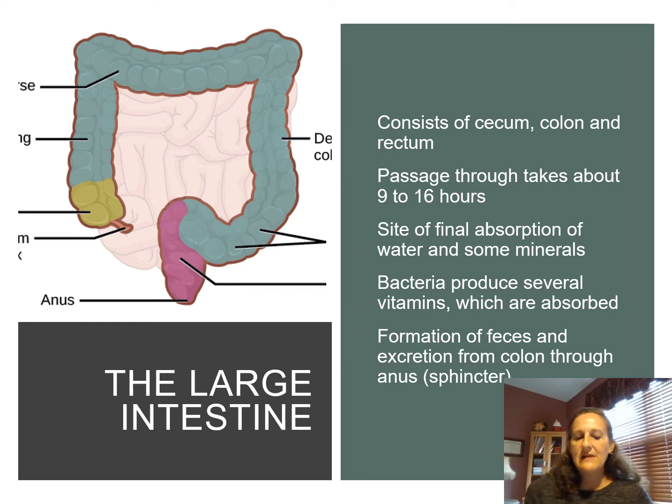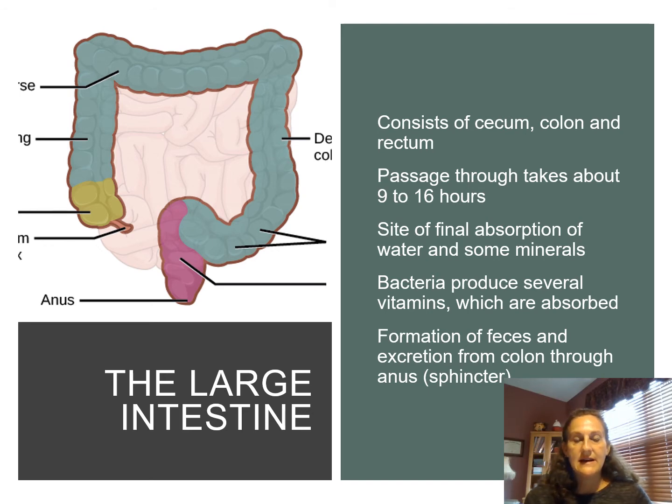So this takes about 9 to 16 hours, and the large intestine is the final site of nutrient absorption. And here the large intestine will absorb water and some minerals. We also have to be concerned about bacteria in the large intestine. Now, there's some good bacteria that produce some enzymes, which in turn are absorbed because we need those.